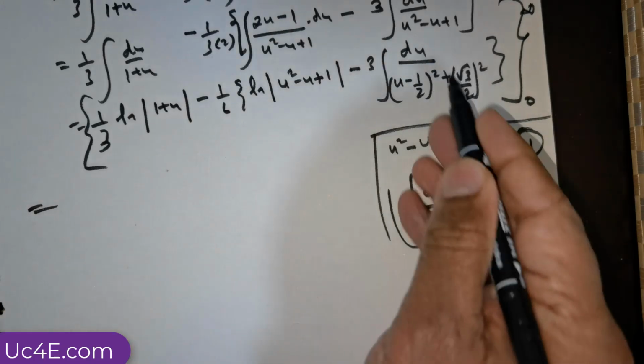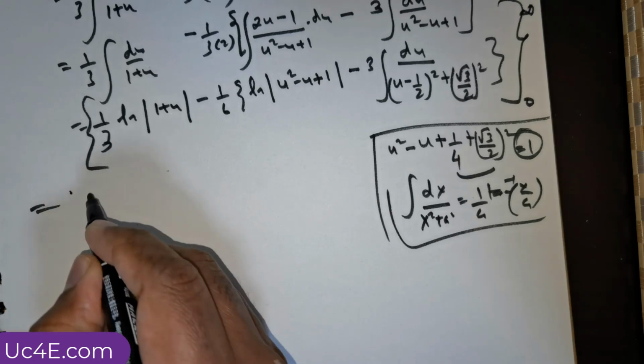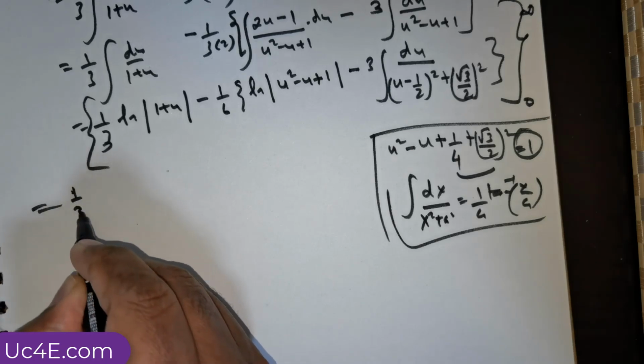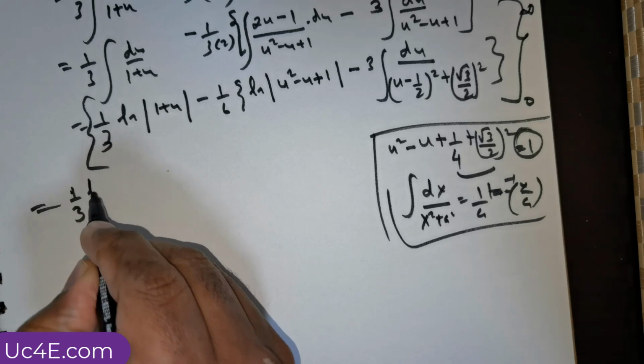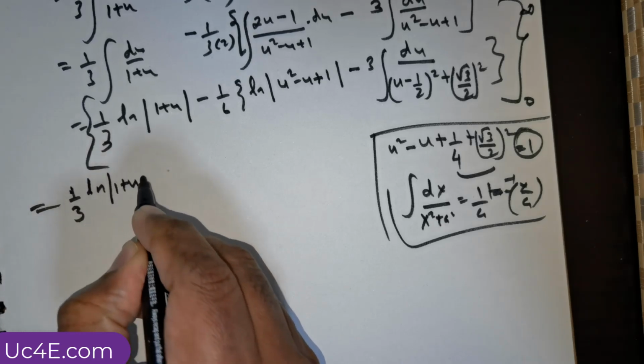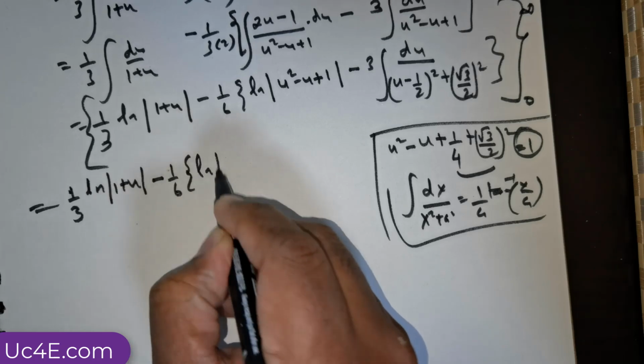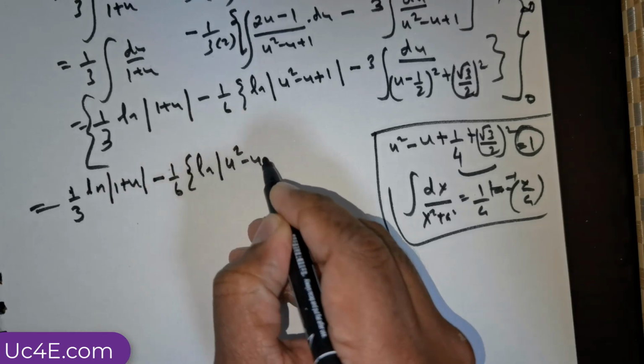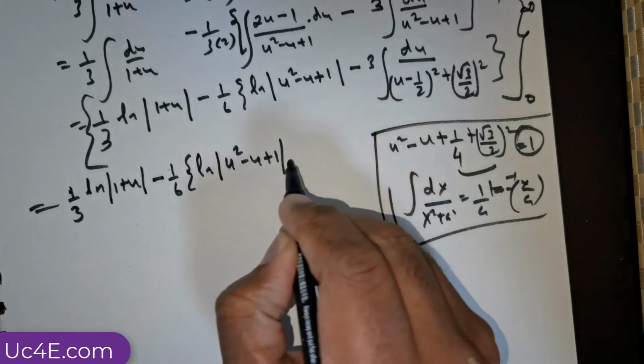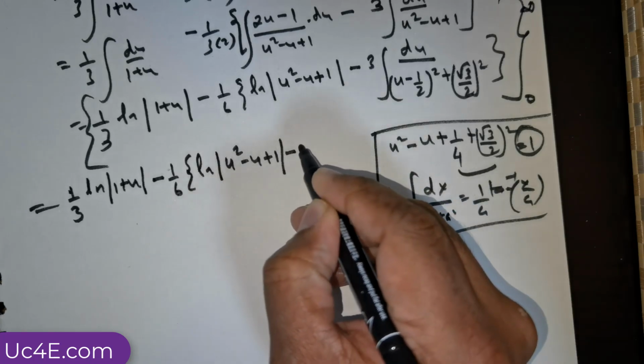Now let me simplify this first. This is equal to 1 over 3 times ln of modulus of 1 + u, minus 1 over 6 of ln of modulus of u² − u + 1, followed by minus 3 times.